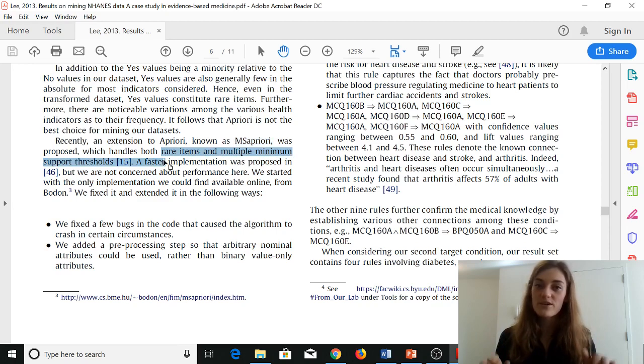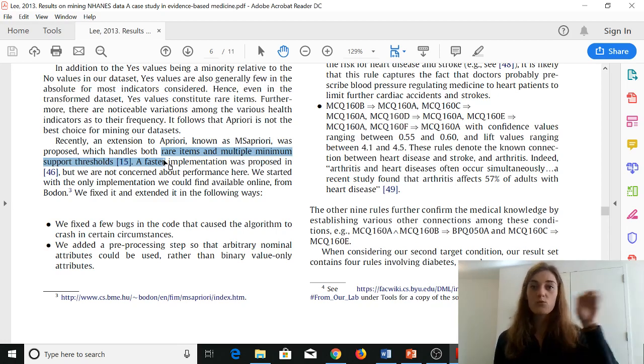So remember, support is the proportion or the frequency of times that an item set occurs across your sample size. Their argument is that for health conditions, there are some really, really rare health conditions.